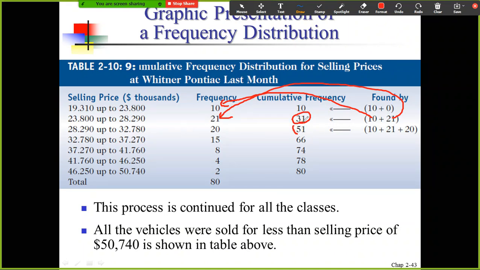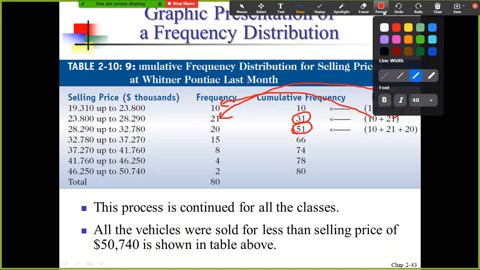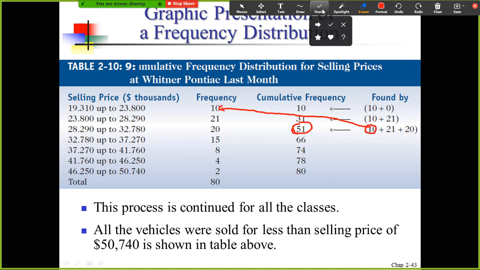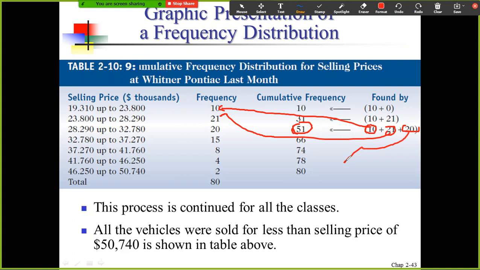How about 51? 51 comes from 10 out of the first class, 21 out of the second class and 20 out of the third class. That's why we add the frequencies of three classes together to get the cumulative frequency of the third class.